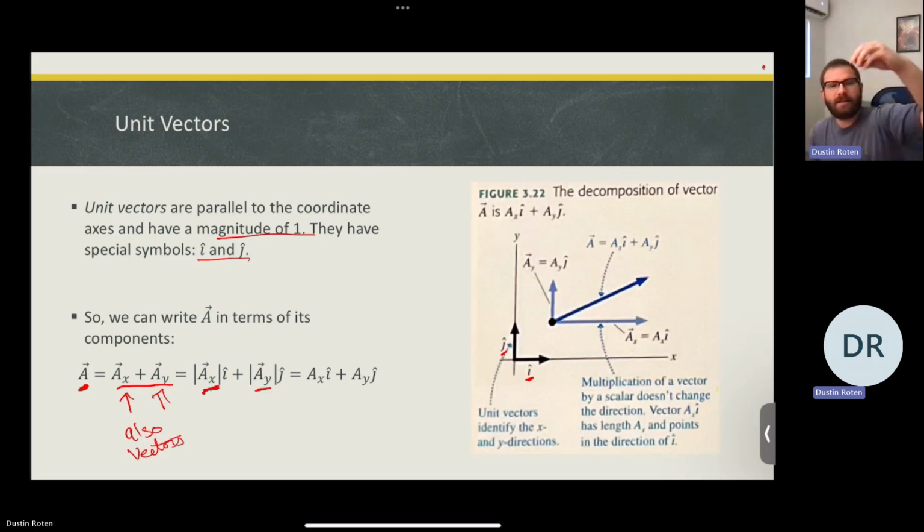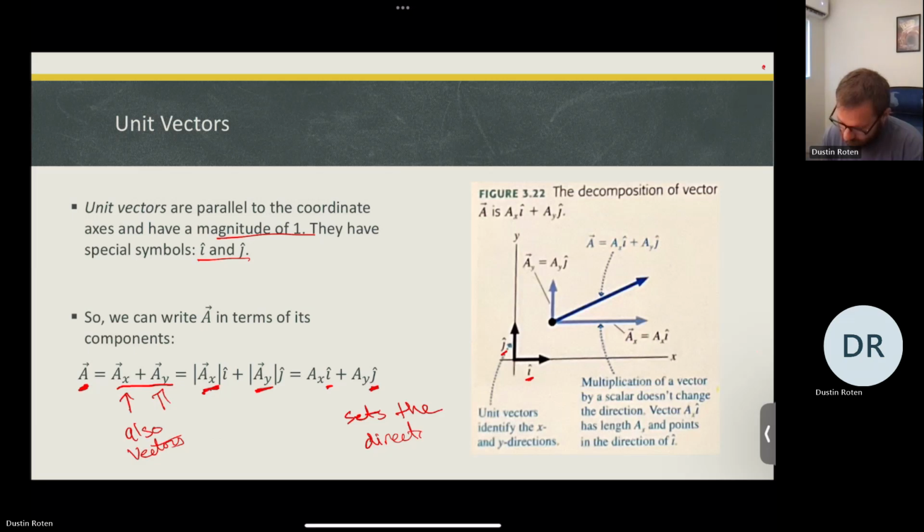If we just take their lengths and then multiply by i hat and j hat, all we're doing is we're saying, okay, i hat, j hat, these are going to set our directions, our components. Okay, so i hat, j hat, they set the direction.